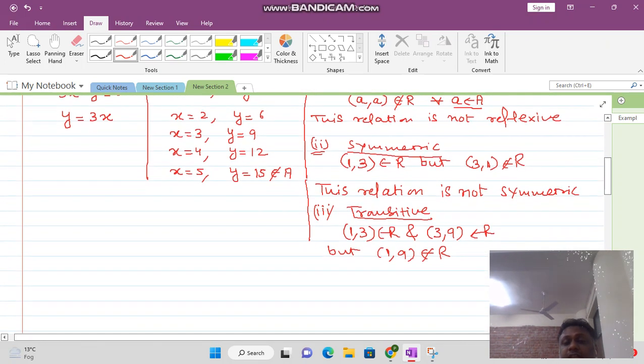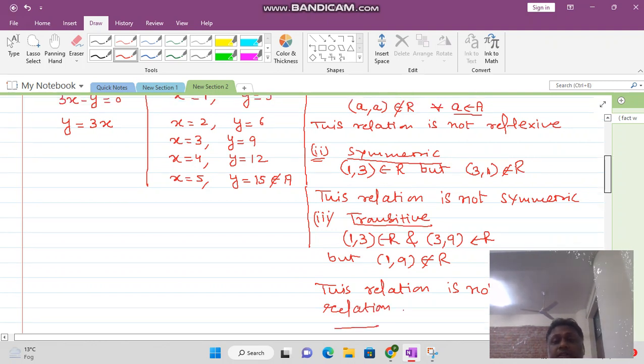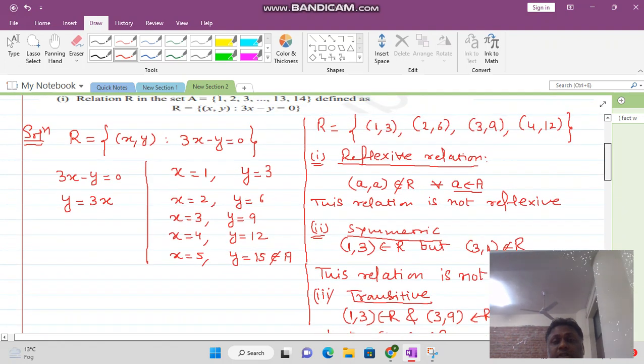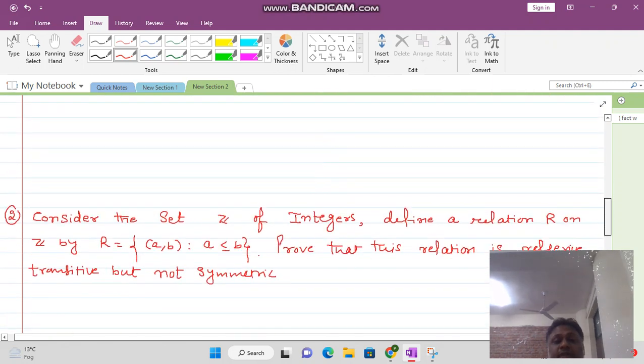It means that this relation is not transitive. So this is what we wanted to prove. In this question we have proved that this relation is not reflexive, it is not symmetric, and it is not transitive.